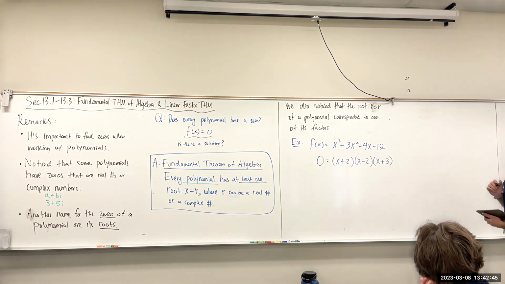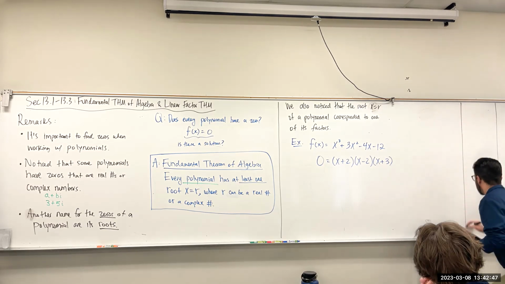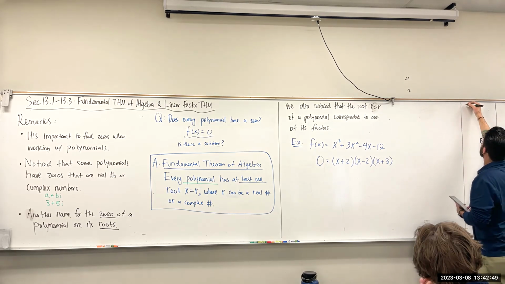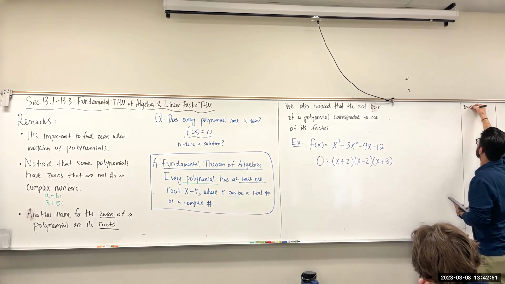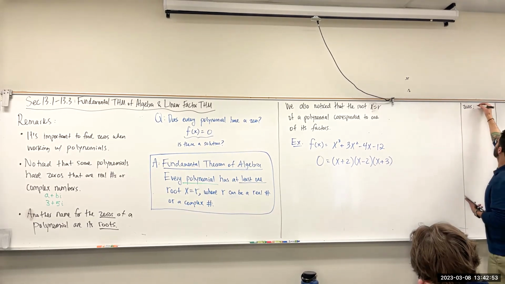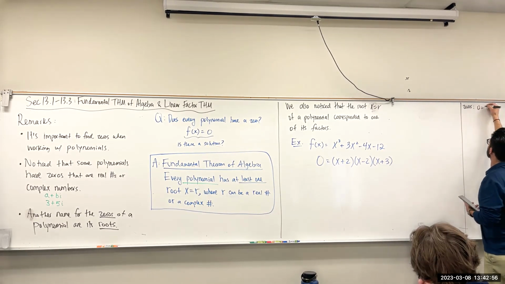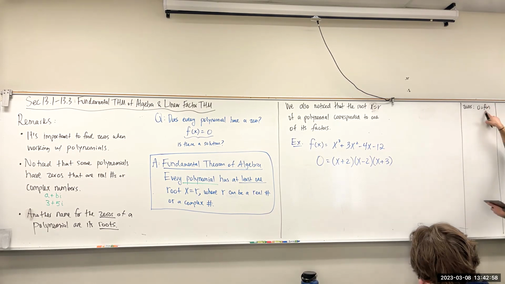Okay, maybe I'll do it here and then I'll erase it. So there's the zeros, right? That's when you're setting the function equal to 0 to help you find what makes that equal to 0. You're answering this question here: what do you plug in to make the function equal to 0?